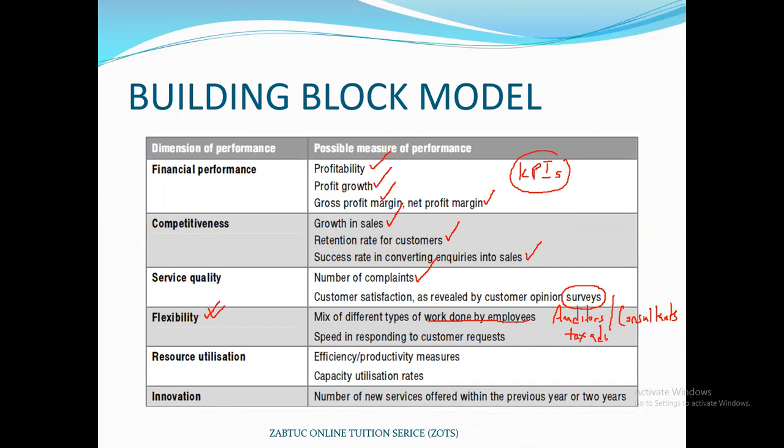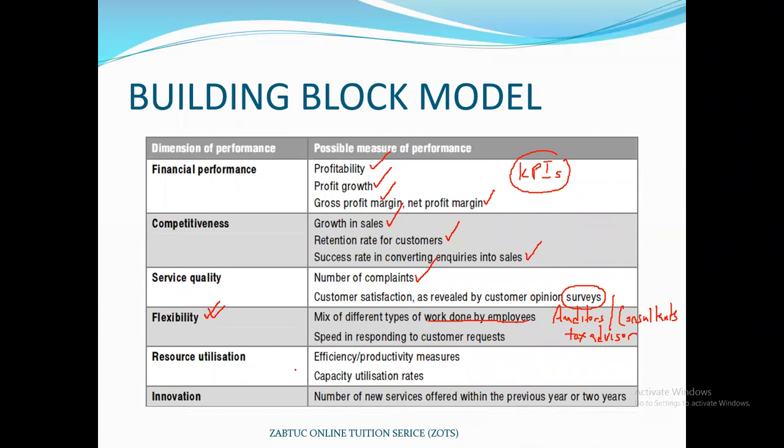Then you are saying that, wow, we can be flexible in the way we service our customers. Speed in responding to customer requests. How quickly do we respond?